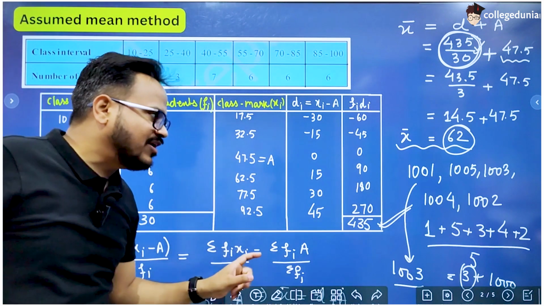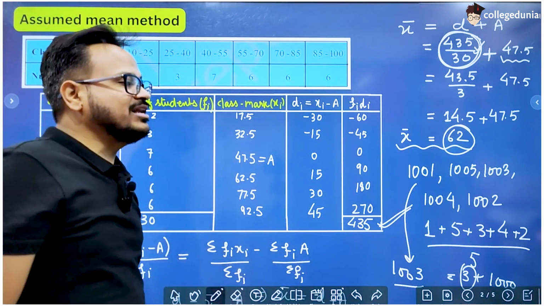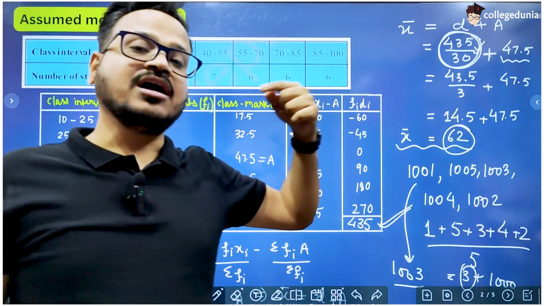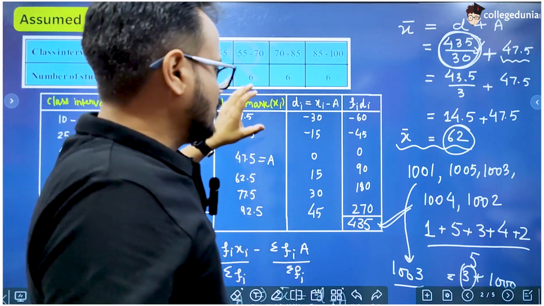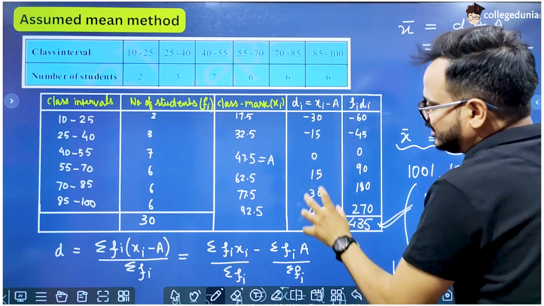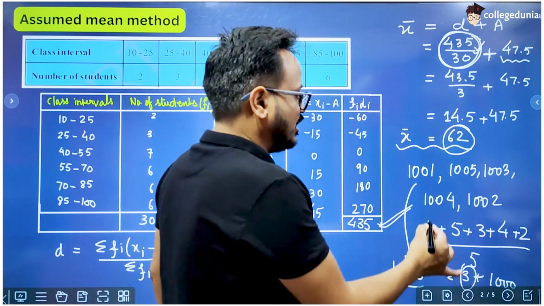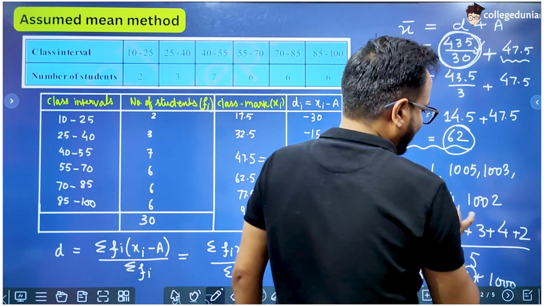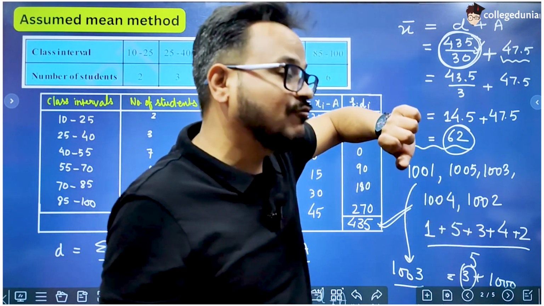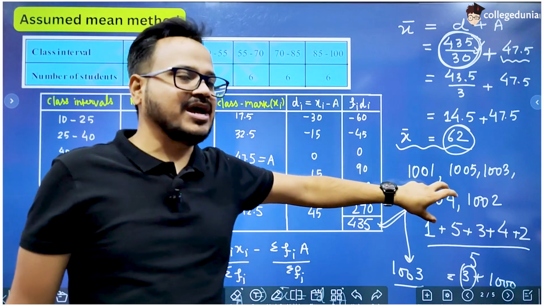If you have subtracted a common value from all the values, you will add that value to the new mean. And if you have divided all the values by a common value, you will multiply the answer by that value, and in the reverse order, right? Since we subtracted the value first and divided later, we will multiply first and add later. Suppose I multiplied all these values by 2 and found the mean of the new numbers, then I have to divide that new mean by 2, because initially I multiplied each value by 2.